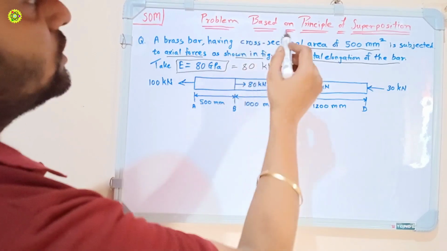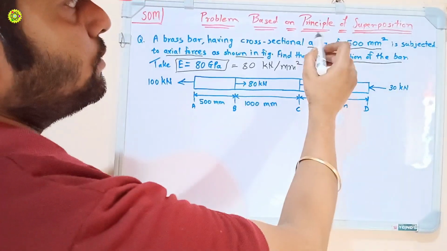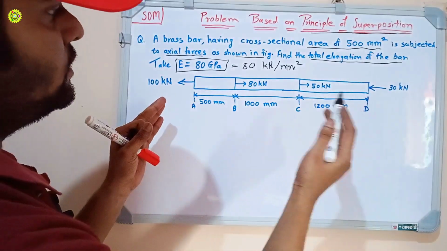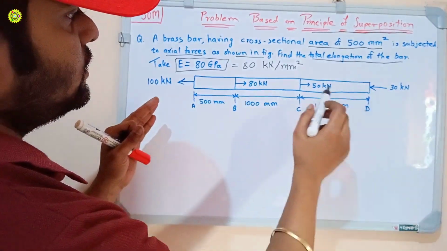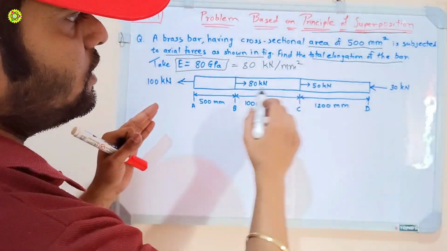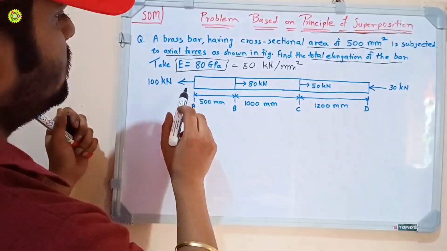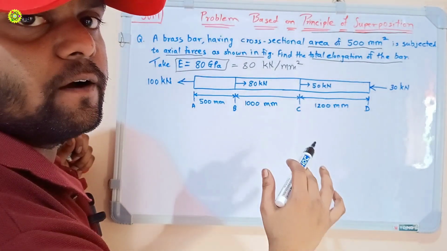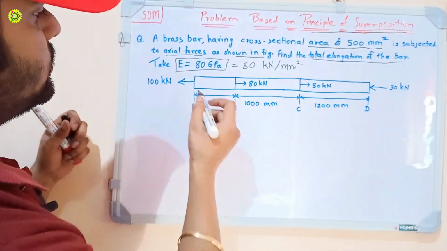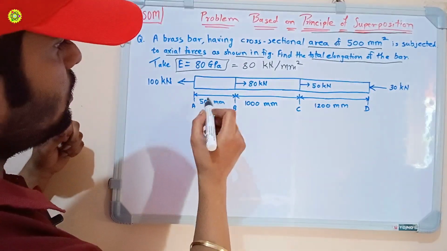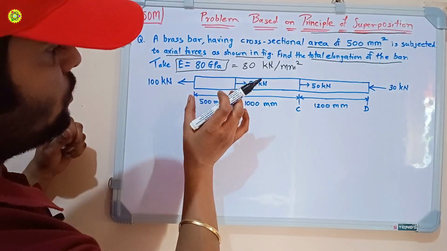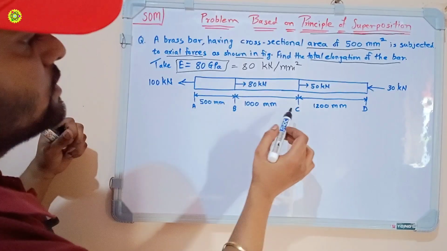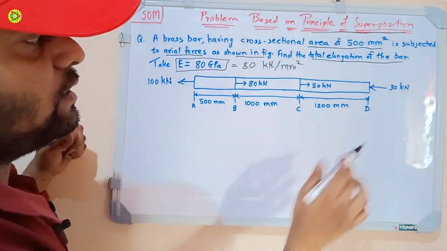This is the problem based on principle of superposition, meaning we will simplify this arrangement. This is a single bar, and it has different forces acting on it, as you can see here. First we will take the AB bar, then the AC bar, then the CD bar.